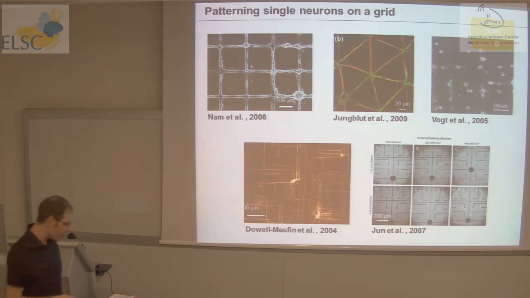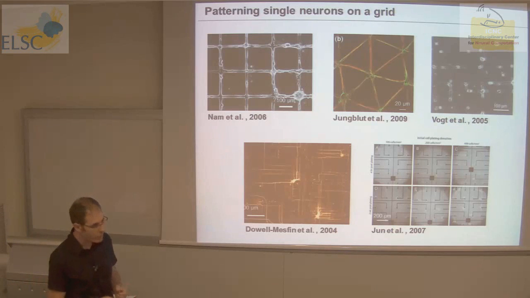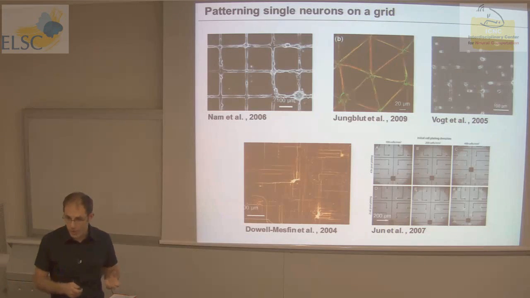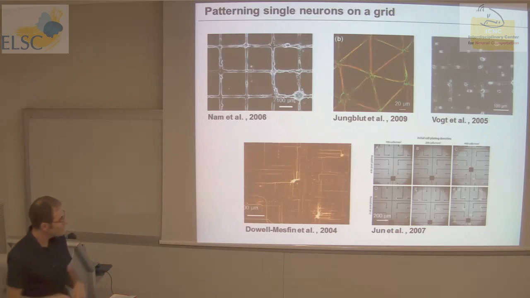However, if you look into those papers, you mostly find that they showed only the capacity to stimulate and to record, and they did very little activity analysis. I think the reason for that is that there's a problem of stability and yield.